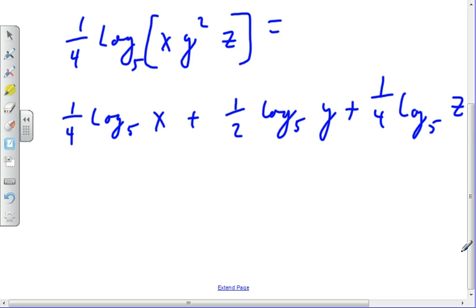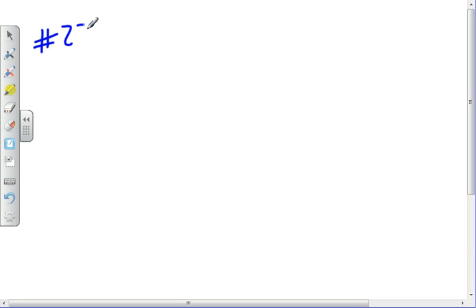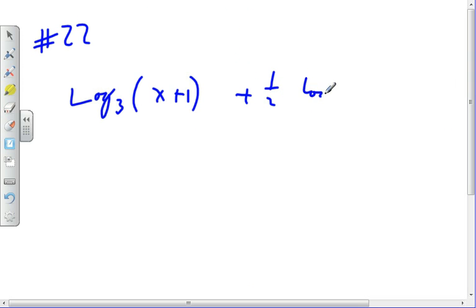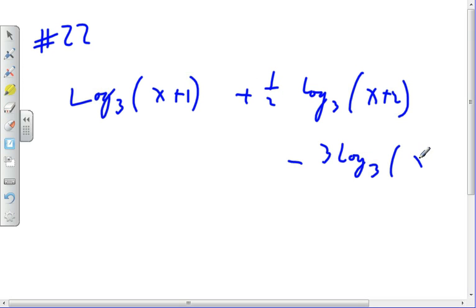Now we're going to do it the other way. Number 22. Log base 3 of x plus 1, plus 1/2 log base 3 of x plus 2, minus 3 log base 3 of x minus 1.